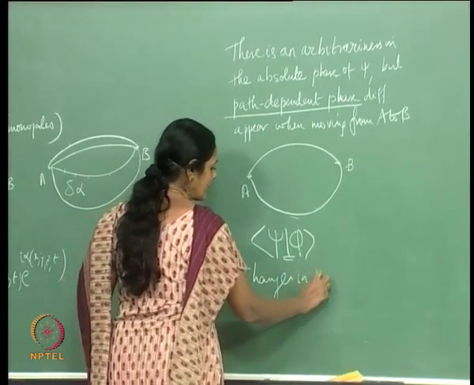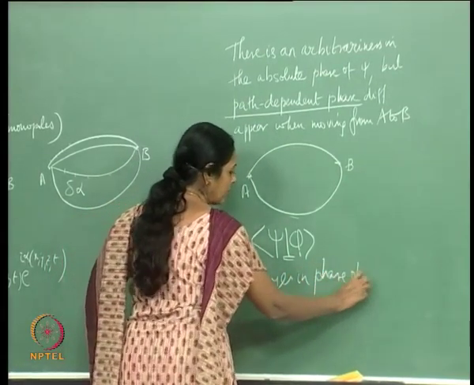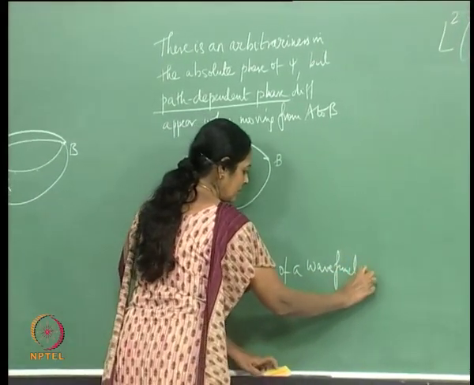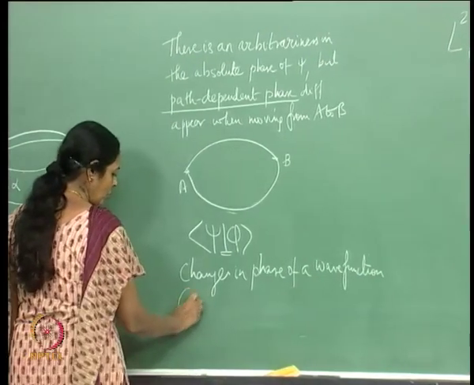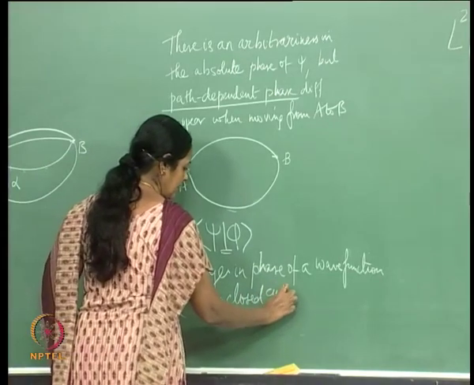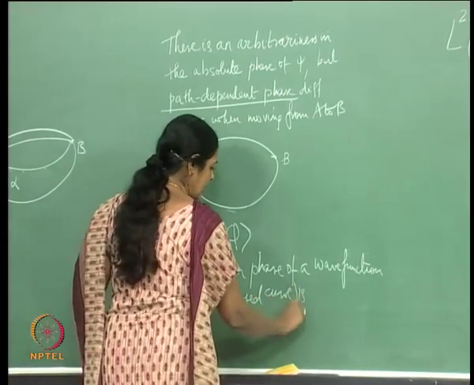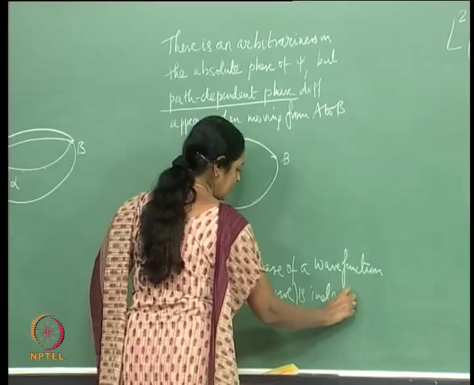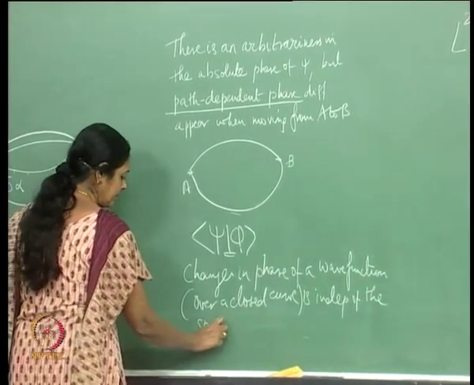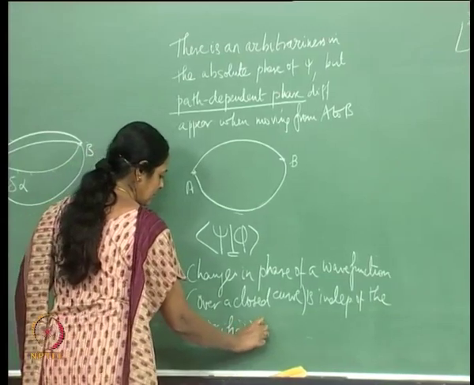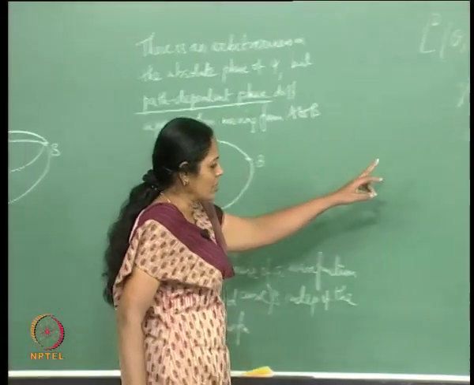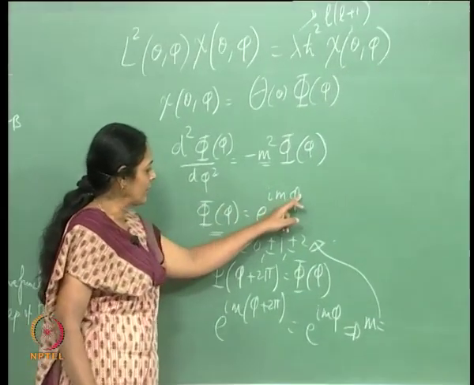Change in phase of a wave function over a closed curve is independent of the specific wave function. If you go back to this example, that is the kind of thing that is being told.